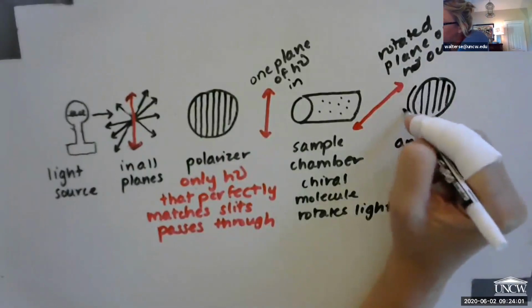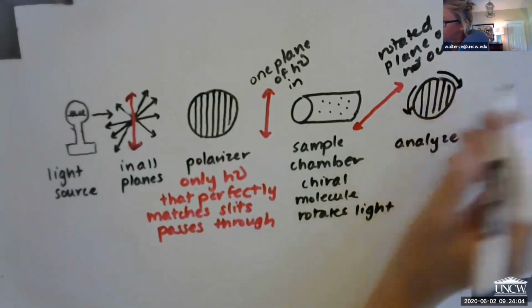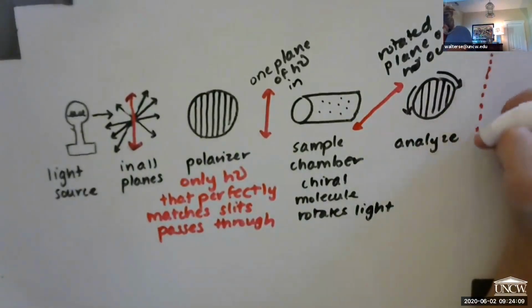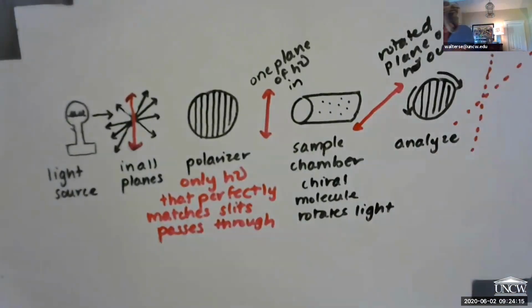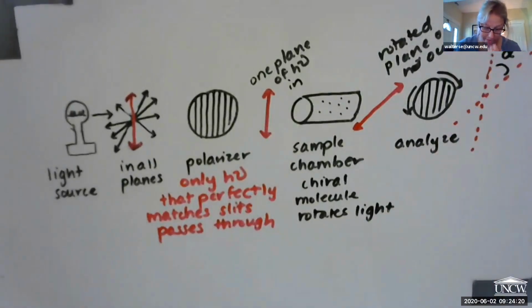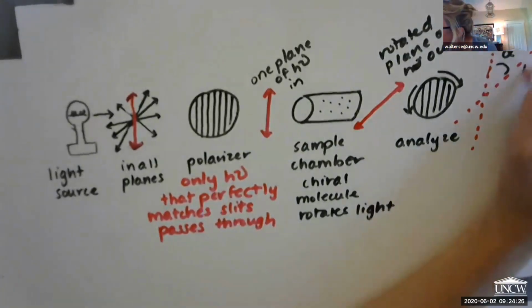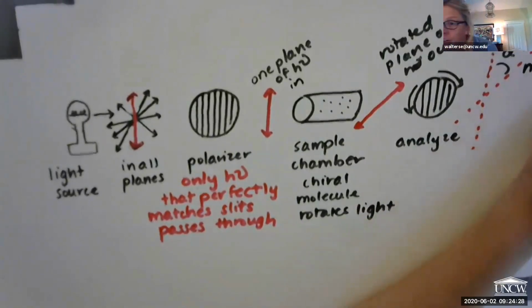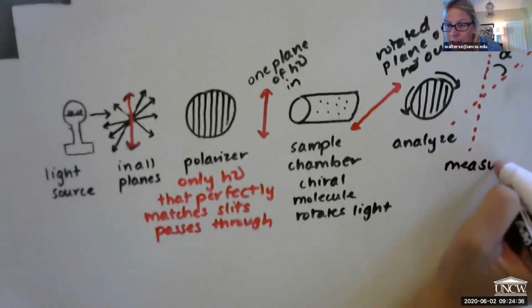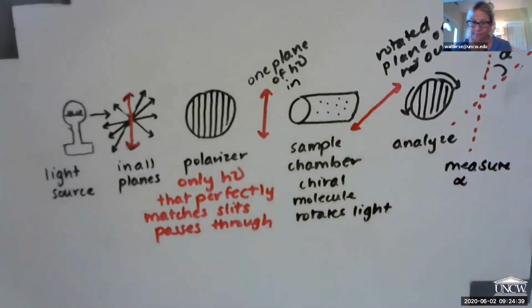You can either move it in this direction or move it in this direction. The light started out like this, ended up like this. That angle is called alpha, and that's the rotation of the light. So this would be measured. I'm going to measure alpha.